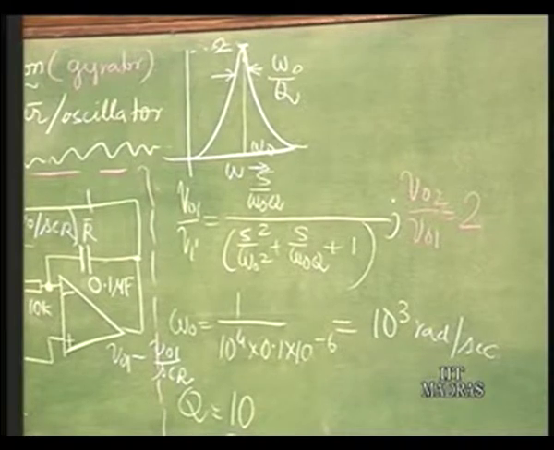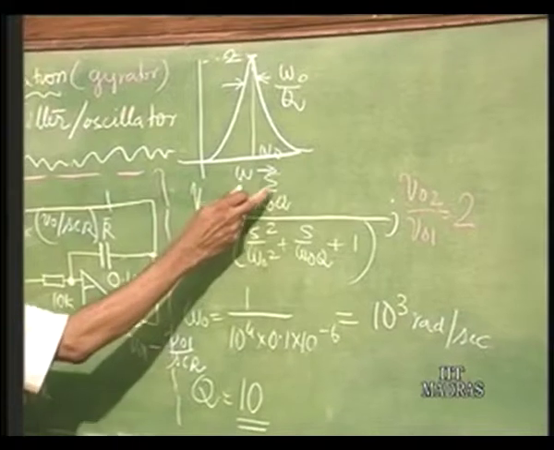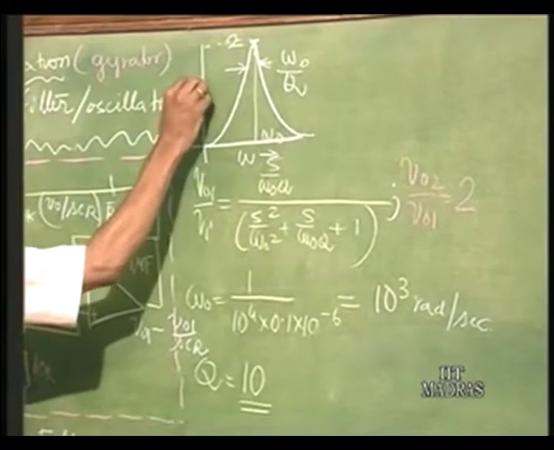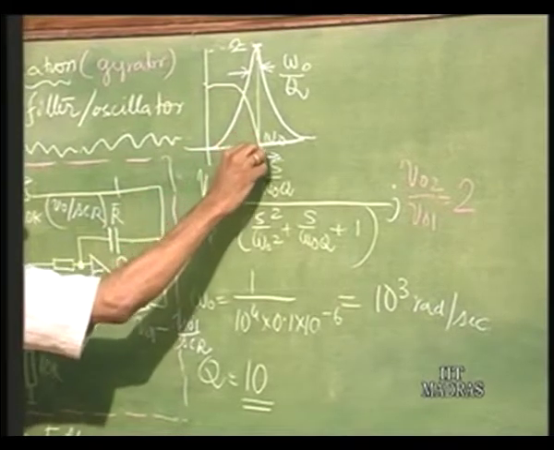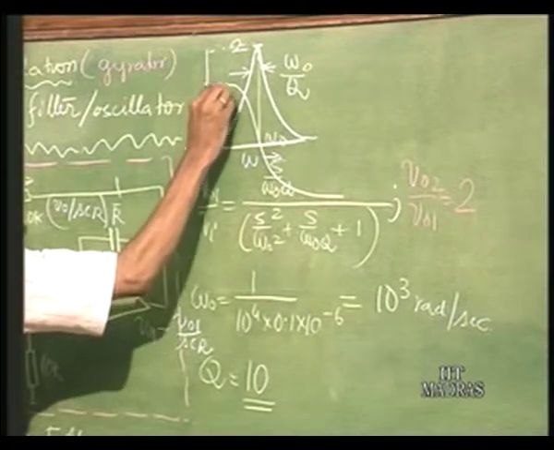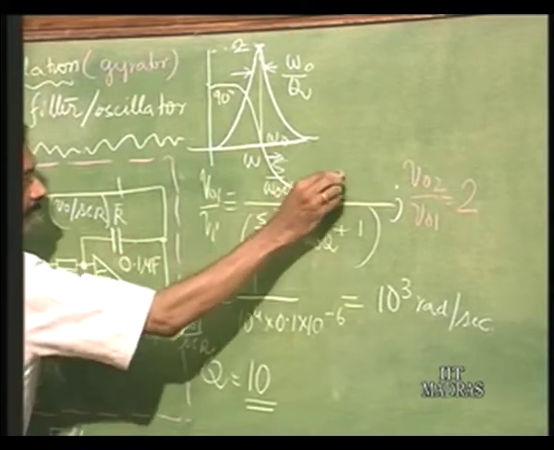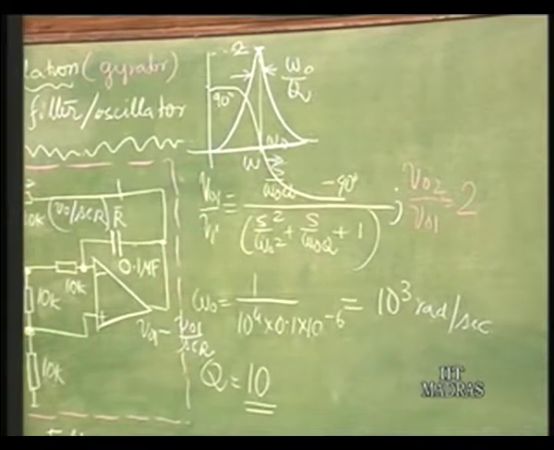Not only that, if I plot the phase shift, initially the phase shift is due to only S, that means 90 degrees, and then the phase shift is going to become 0 at omega naught and goes to minus 90 degrees at very high frequencies. So, phase shift also is going to 0 at omega naught.